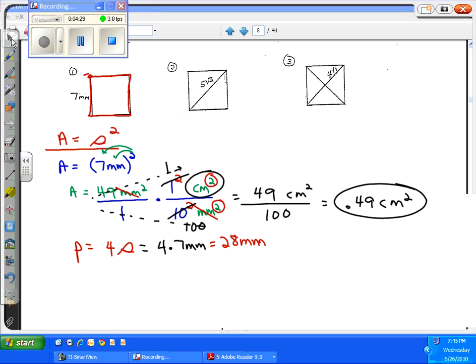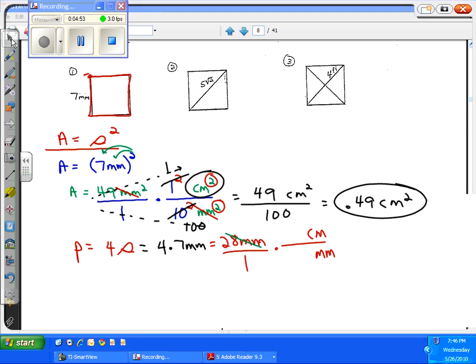Notice perimeter is 1 dimension, so it's millimeters to the first power. Area is 2 dimensions, length and width. It's in square millimeters. So we want to convert from the name milli to the name centi. So we want to lose the name milli and gain the name centi.